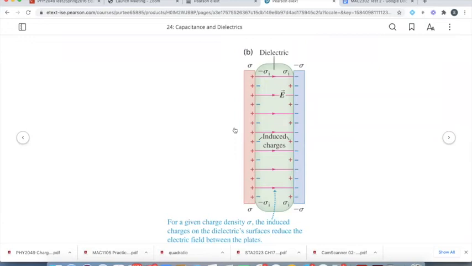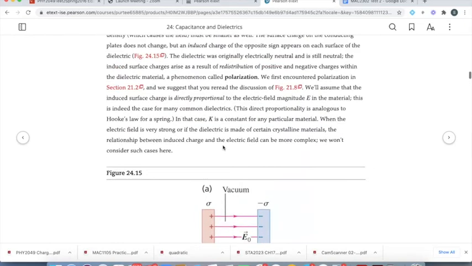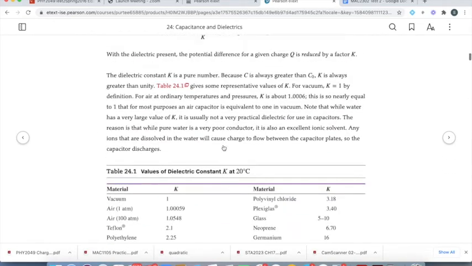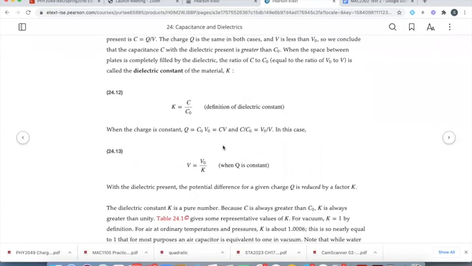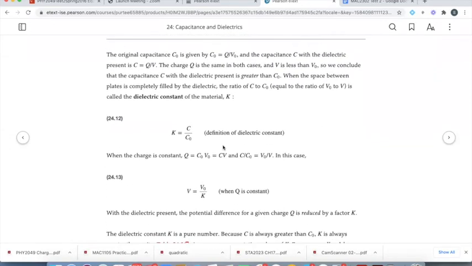I have to apply a smaller voltage to get the same amount of charge on there, which means I can increase the capacitance. So the ability of that dielectric material to allow stuff to move around, we call the dielectric constant, K. Sometimes we call that kappa. And it's a ratio of the old capacitance to the new capacitance, or new to old.